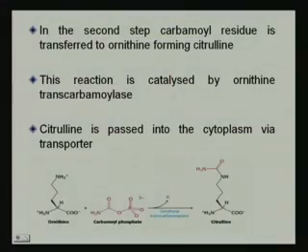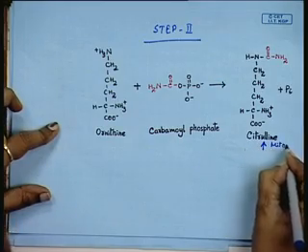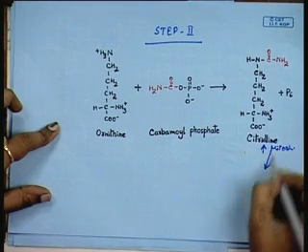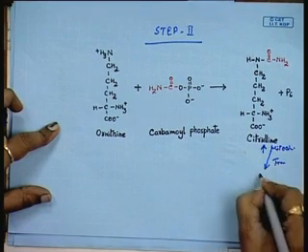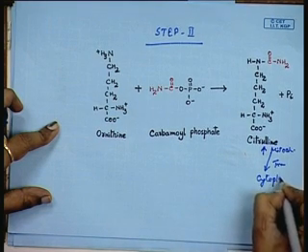This reaction is catalyzed by the ornithine transcarbamylase enzyme. Citrulline is passed into the cytoplasm via the transport system. This citrulline which is produced in the mitochondria of the cell is now coming through a transporter to the cytoplasmic fluid of the cell.